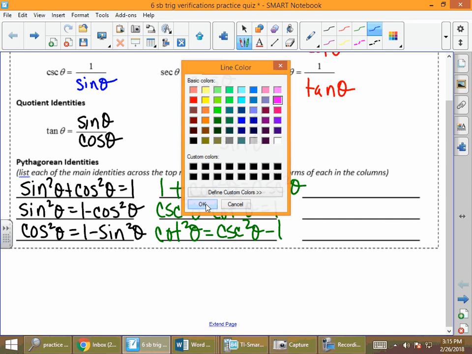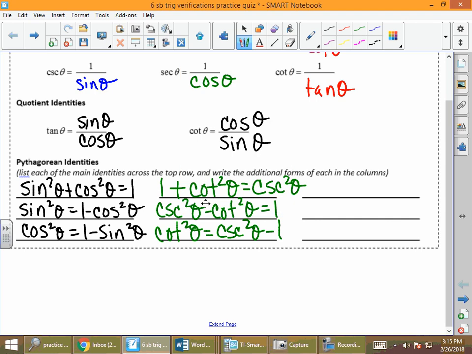And then when we look at our other identity, it is tangent squared theta plus 1 equals secant squared theta. And we can rearrange this. We can subtract 1 from both sides, and we get tangent squared theta equals secant squared theta minus 1.